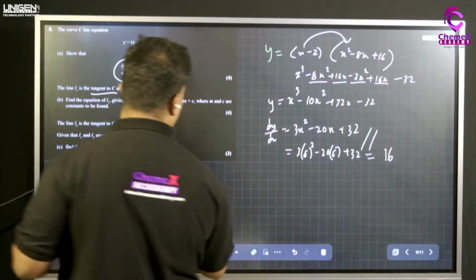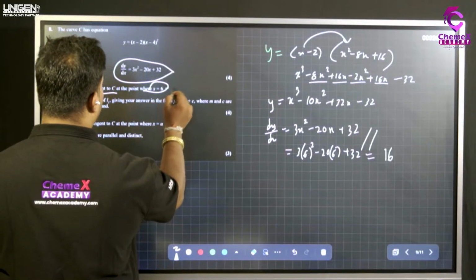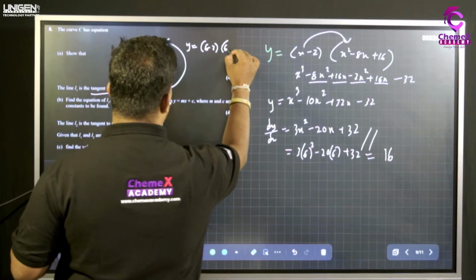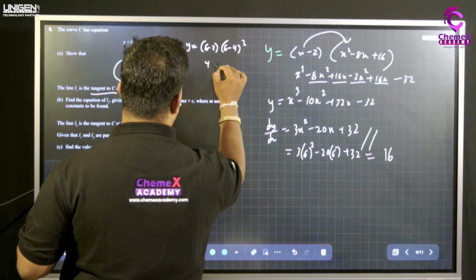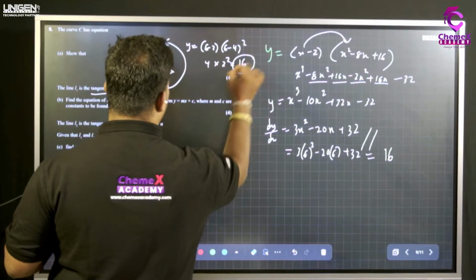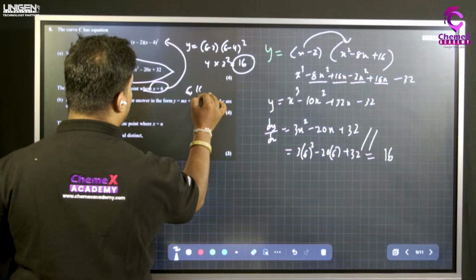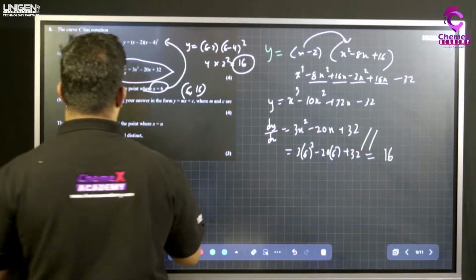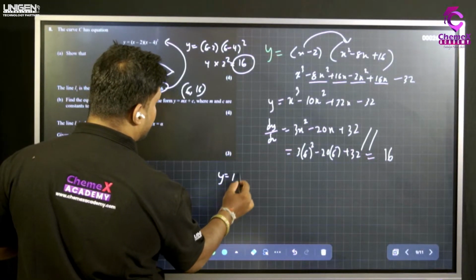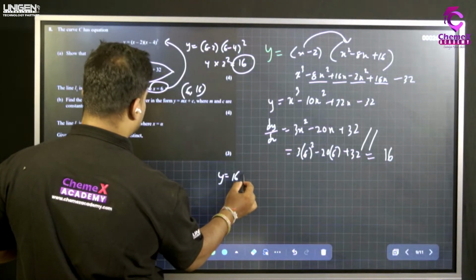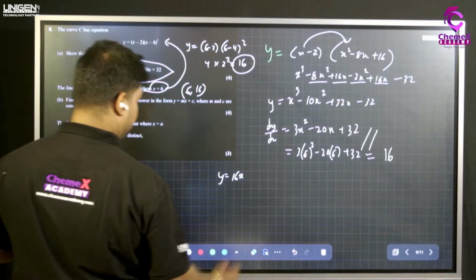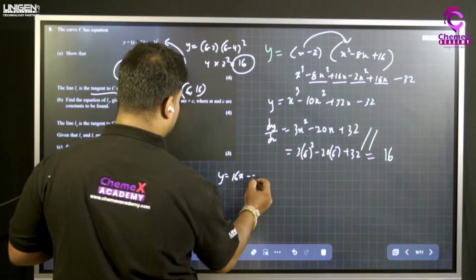But you have to find y. So if you substitute 6 into here, y is equal to 6 times (6 minus 4) squared, so 6 times 2 squared, it is 6 times 4. So 6 comma y is the coordinate of C. So now y equals 16x plus c.